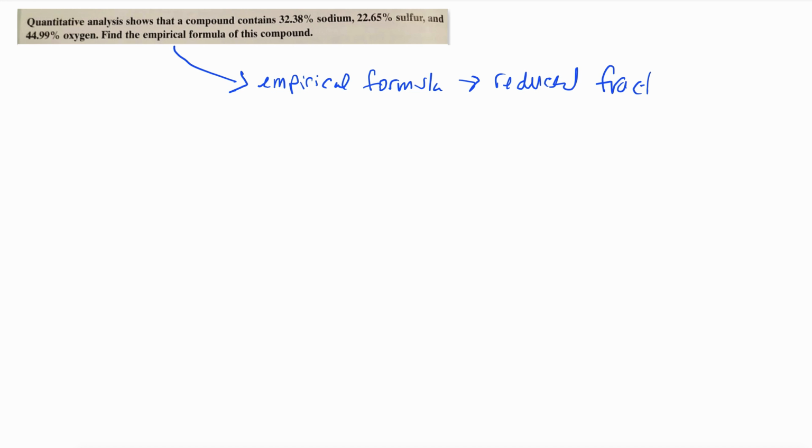I'll show you, for example, if I had something called C2O6. All right, so let's think of the fraction 2 over 6. Is 2 over 6 reduced?